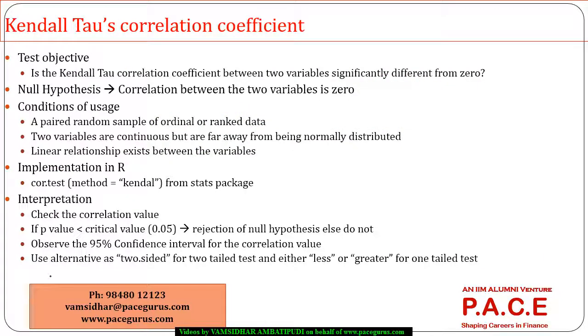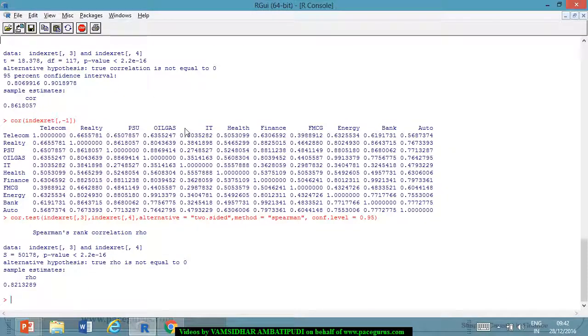And the same way I can use the Kendall Tau. Just like the way I have used the Spearman's rank correlation for data which is ordinal or ranked, or when I am working on continuous data but it is very much away from being normally distributed, then I can use the Kendall Tau.